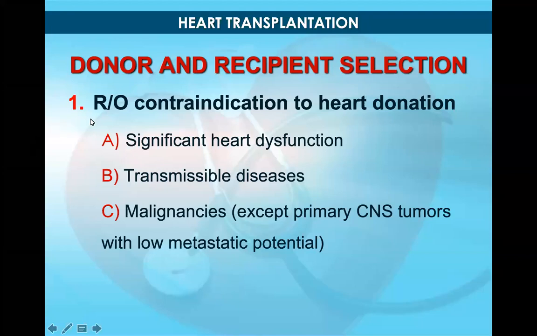Anyway, donor and recipient selection. So basically, in a heart transplant program, it's a very big field, and it's not about guidelines, and it's not about indication and contraindication. It's really dissecting case by case.